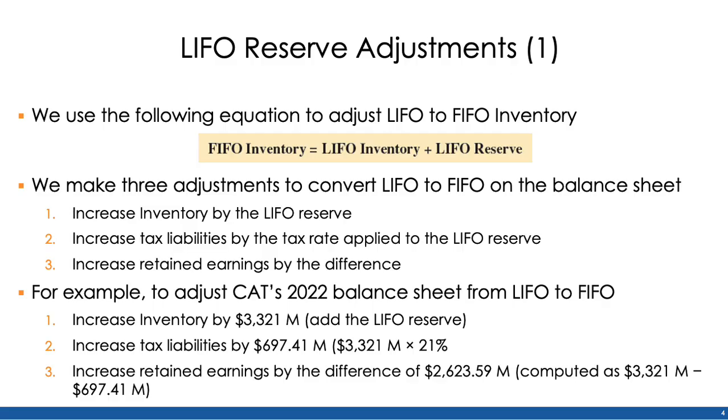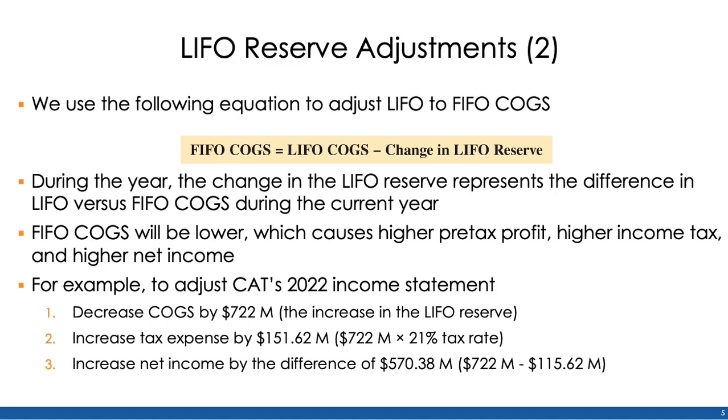And you see the example in Caterpillar's case for each of those. So you can see the adjustment we use to adjust LIFO to FIFO COGS, or cost of goods sold. And the detail here is that FIFO COGS will of course be lower, and this causes higher pre-tax profit, higher income tax, and higher net income.